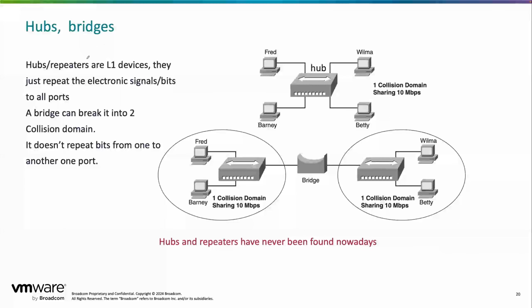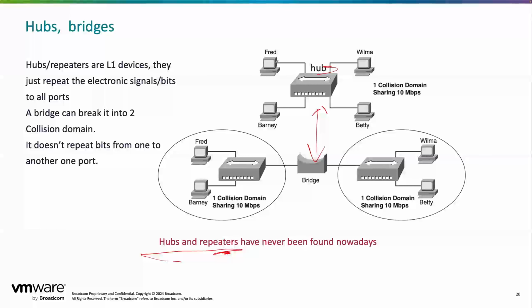When we look back 30 or 40 years ago, we have two devices, hub and repeater. These two are the same. A hub just works on the physical layer. That means a hub just replicates the electrical signal.